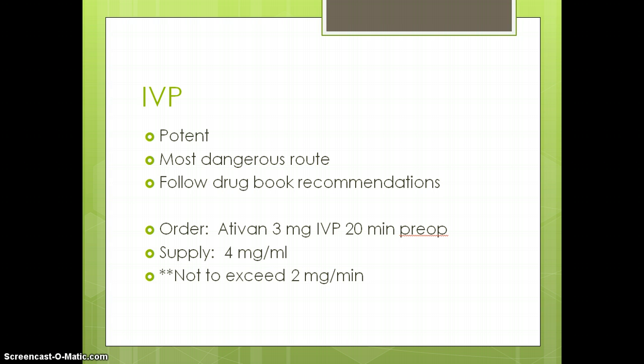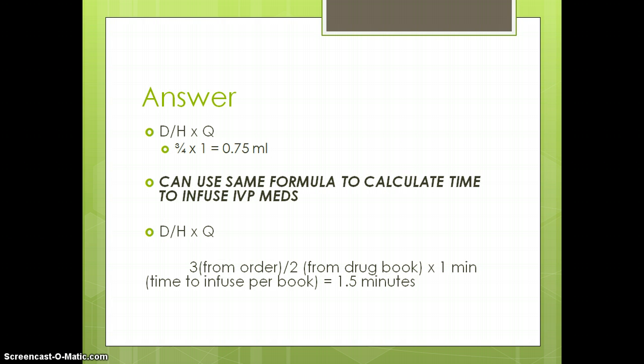Now the book tells us we can't give it faster than 2 milligrams a minute. Let's look on the next slide. Here we figured out that we need to give 0.75 milliliters, but now we need to figure out how fast we can give it. We know we can give 2 milligrams over a minute. We can use the same formula, desired over have times quantity.